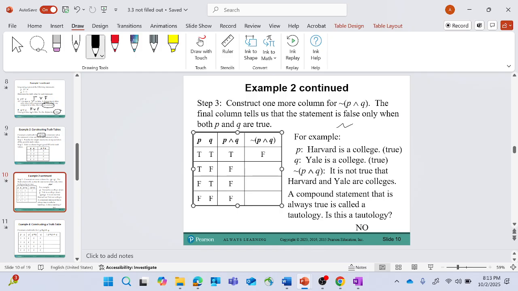The second column is P and Q, right? That's what we did in the previous slide. The not version of this is when you negate its truth value, so you give it the opposite truth value. So if P and Q is true, not P and Q is false. If P and Q is false, not P and Q is true. So all those are going to be true because the not version of it is going to negate it.